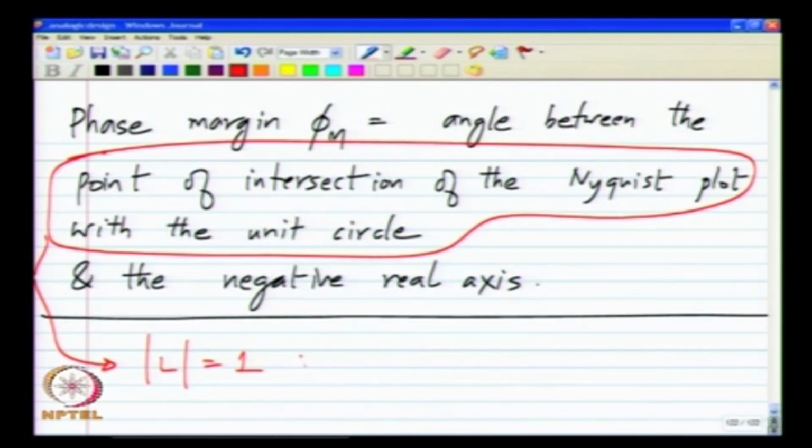And you have to look at the angle of L at that point where the magnitude of L is 1, and you should look at the angle between that and the negative real axis, which means you have to subtract minus pi or you add pi to it, and that is phi m. Okay. That is the definition of phase margin in mathematical terms.